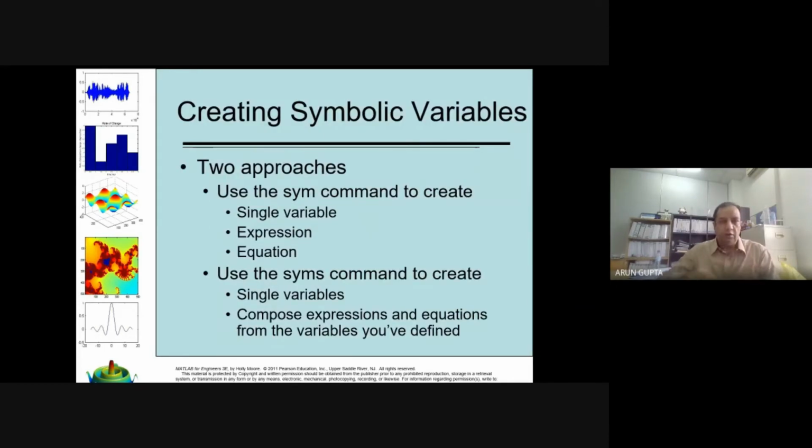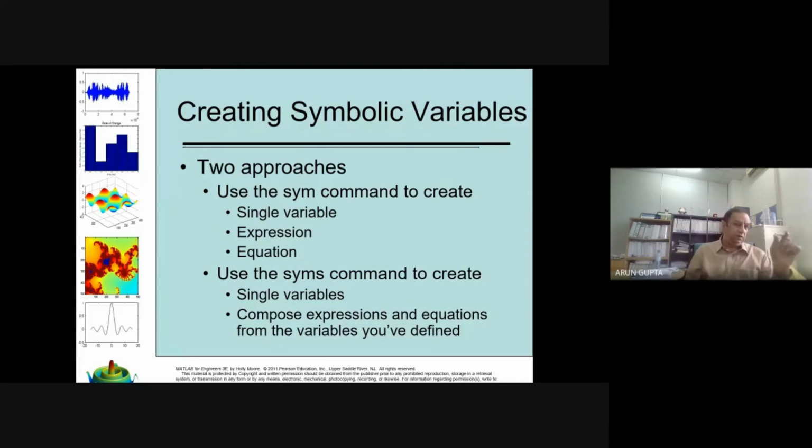Now, as we learned in our previous chapter on user-defined functions, whenever you define a user-defined function, the first word you need to write is function, then output equals to whatever the equation is. In the same way, whenever you are using MATLAB and you want to use symbolic functions, the first term you need to write is sym.